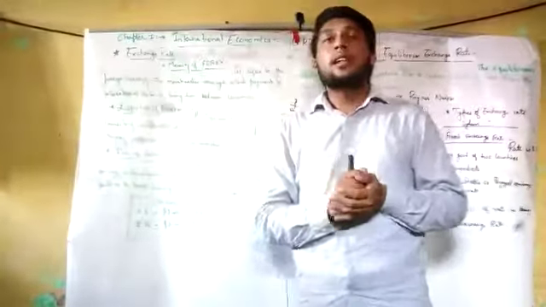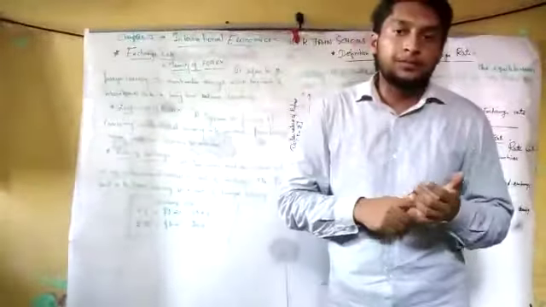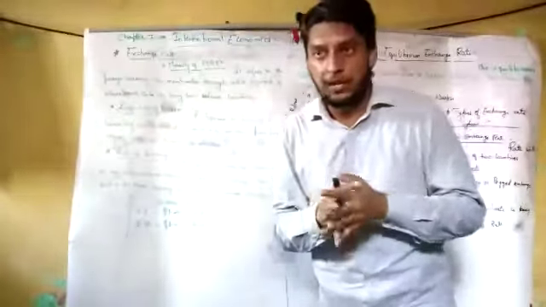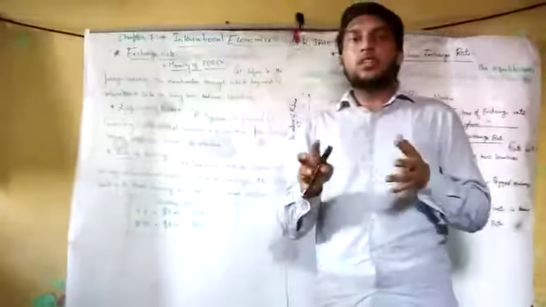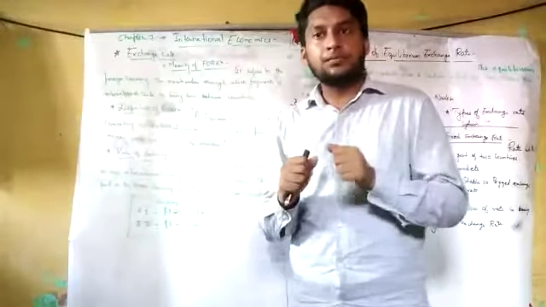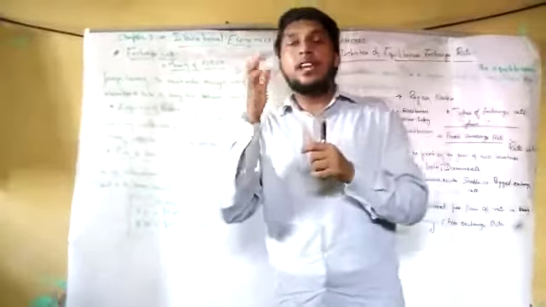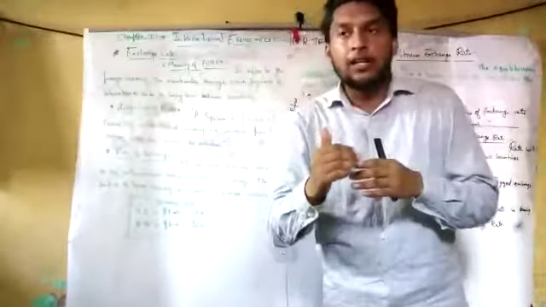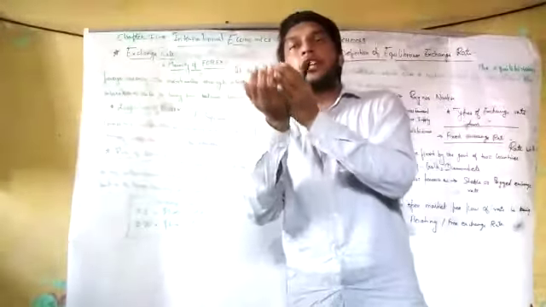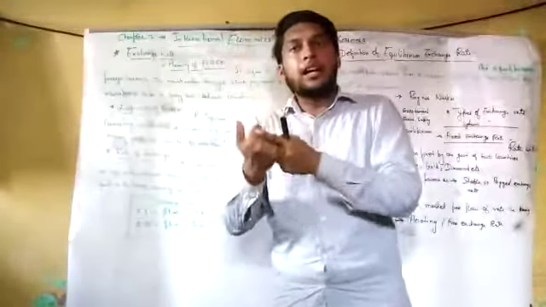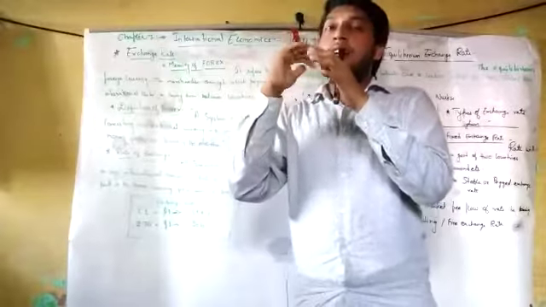For example, India is having international trade with Saudi Arabia. In Saudi Arabia, the currency used is the dinar. So the Indian currency has to be converted into dinar, and the dinar has to be converted into Indian currency.